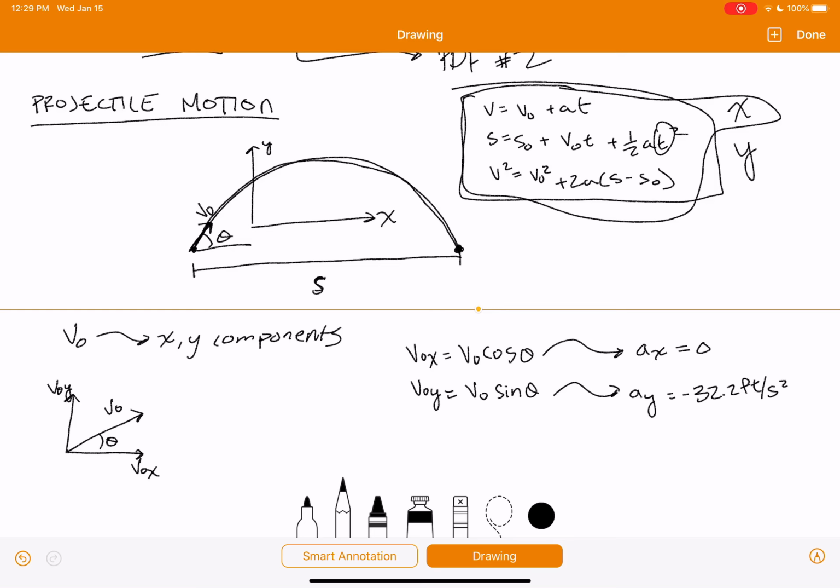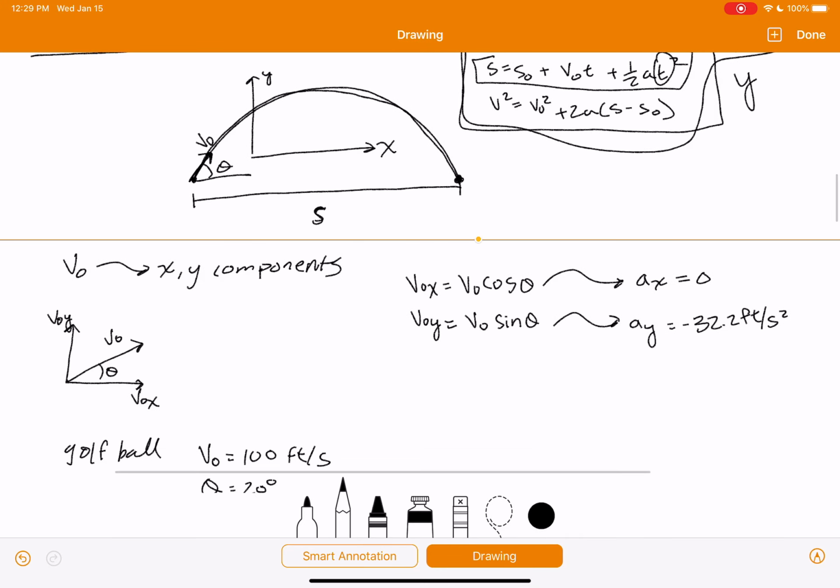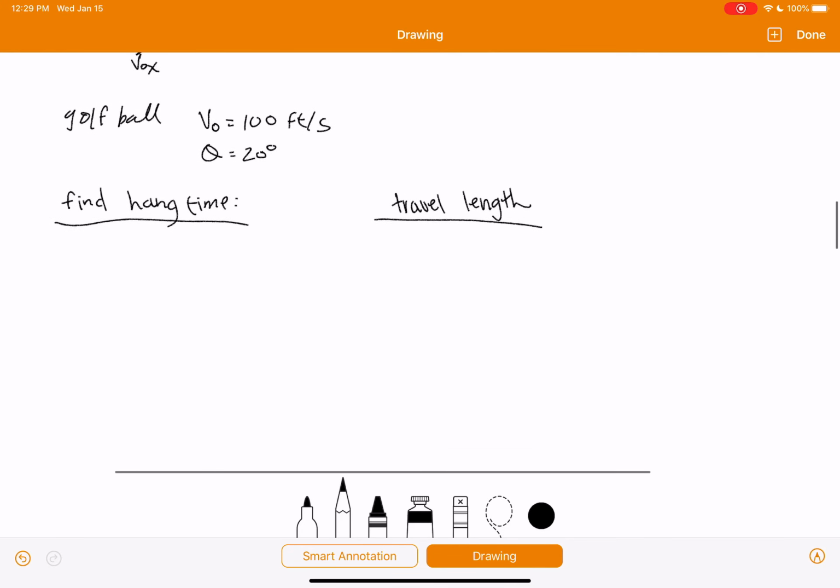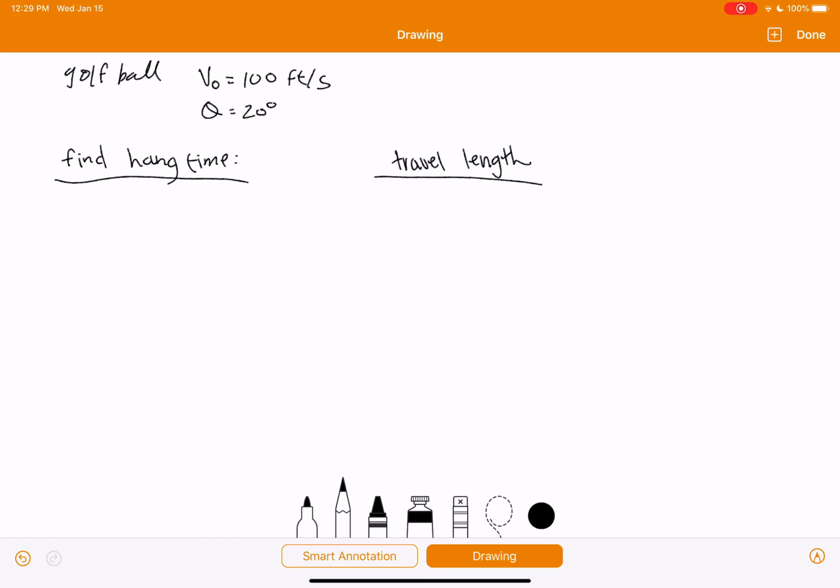In the y direction, I still have too many unknowns up here. But it looks like this one will work out. So we're going to go ahead and just start plugging and chugging for that one. So s equals s naught plus v naught t plus 1/2 a in the y direction, remember, t squared.